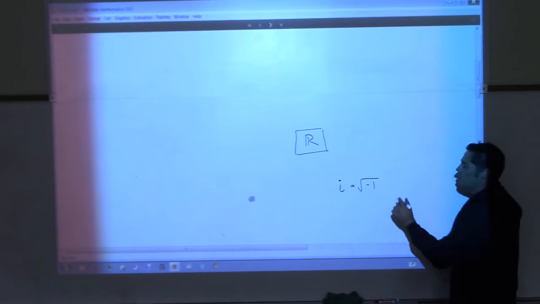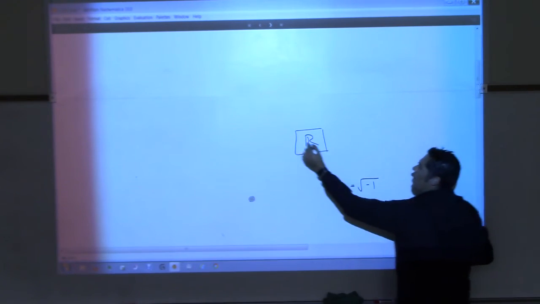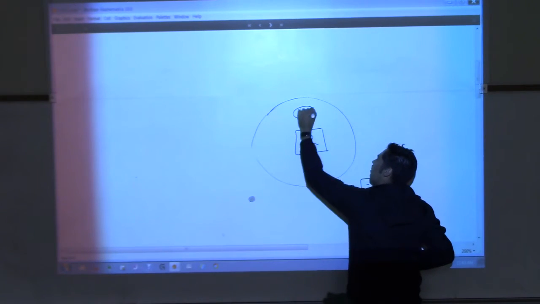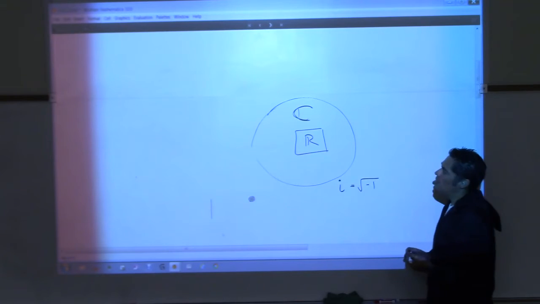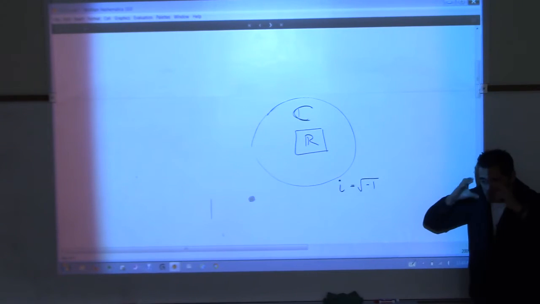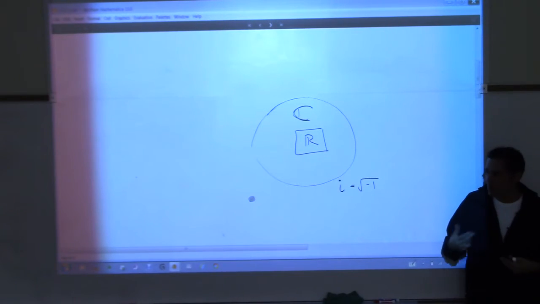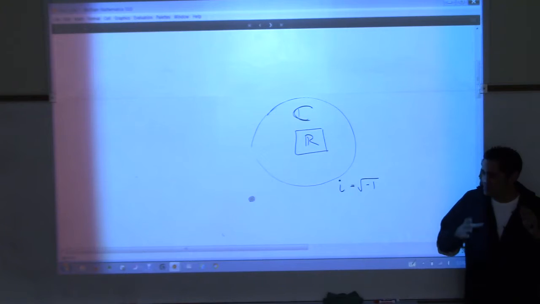But if you understand that the real numbers actually live inside of a bigger system of numbers called the complex numbers, then if you look at the problem from the complex numbers perspective, the problem can become easier. And that's why complex numbers are important. It's another perspective that you can use to solve a problem.